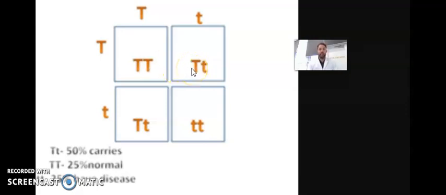There is also a 50% chance that the child would carry the condition but not have the condition. That'd still be healthy. There is unfortunately a 25% chance that the child would have Tay-Sachs disease because there's two copies of the recessive gene there.